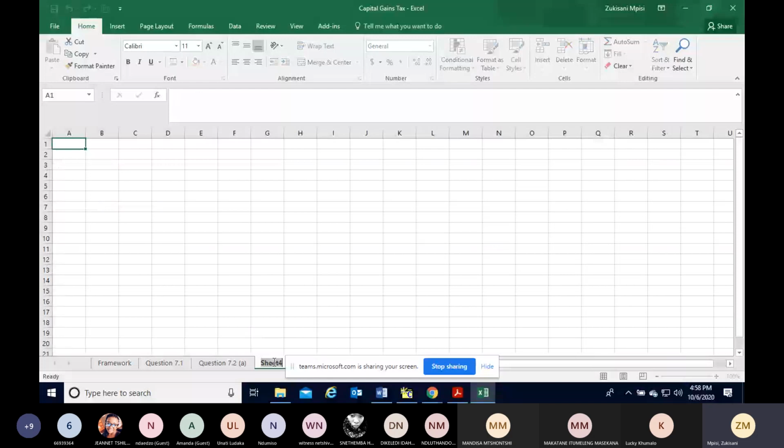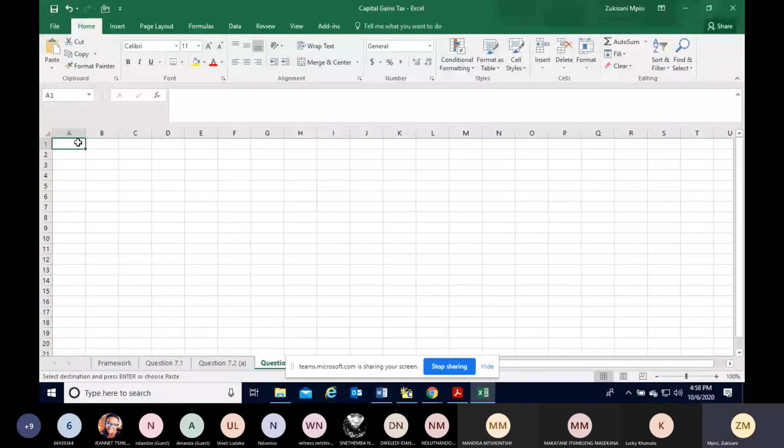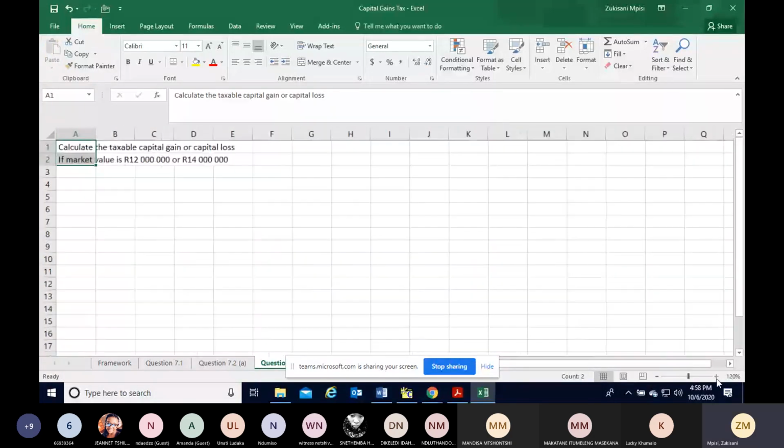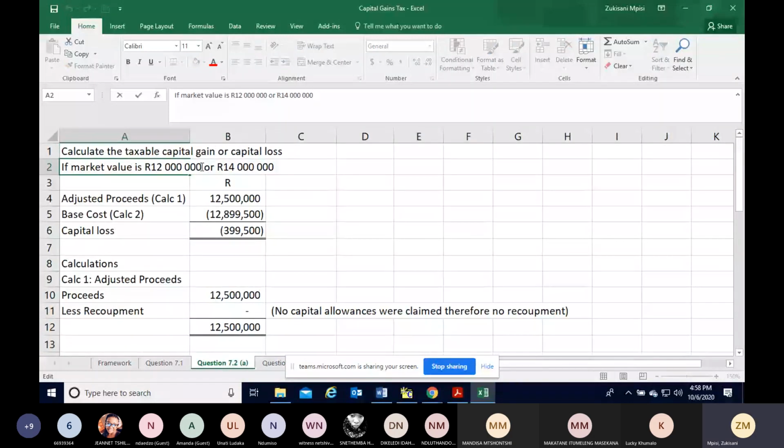So we're gonna have here question 7.2 part B. Other things will be repeating, so we don't have to take everything. So this is the formula that we need.